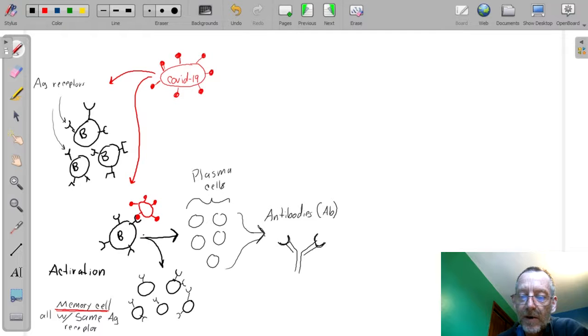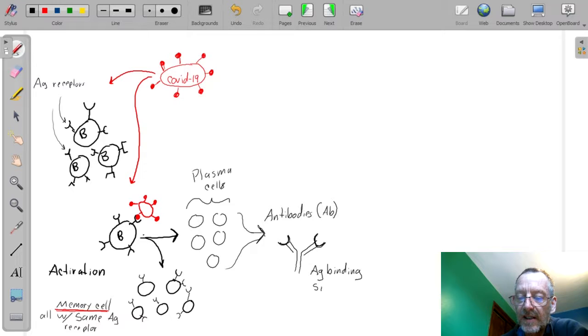But what's important is that these antibodies have the same antigen receptor. So this is the antigen binding site of the antibody. The little half circles.